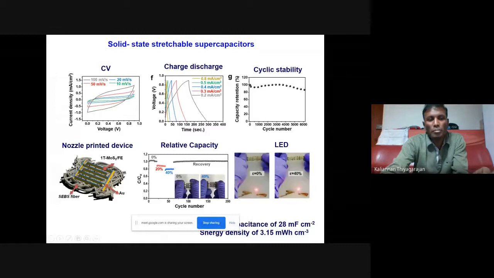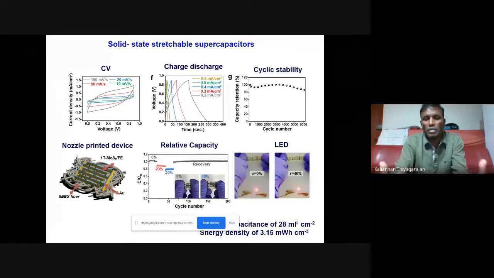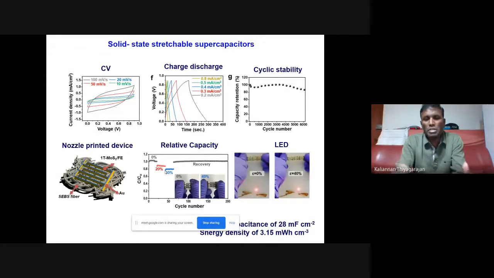We print on a stretchable substrate, make the electrode first, then on top of that we print the active material, this 1T-MoS2 ink, and then we stretch it, even up to 40% strain. The relative capacity was retained. Even when you release, it goes to its original position, this is the recovery part.